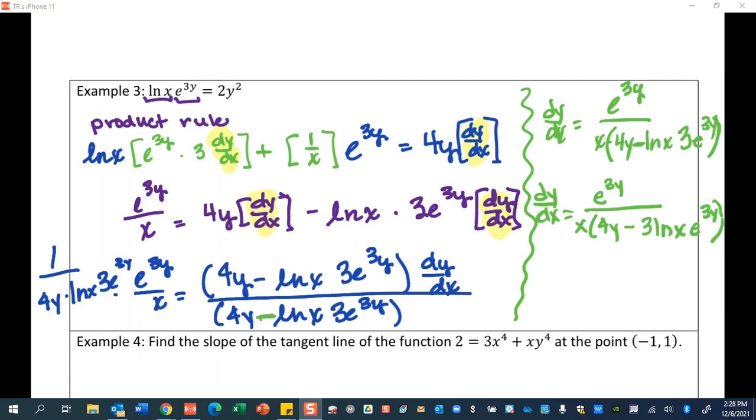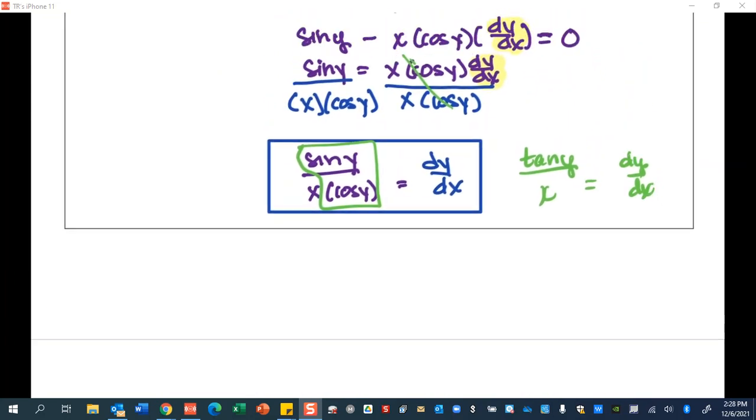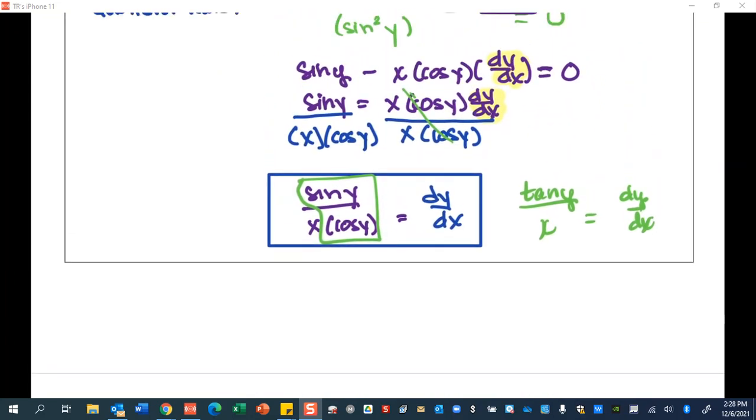One thing I wanted to show you when I looked back at my key that I did before, I simplified sine over cosine as tangent. So I would still accept this answer. But if any of you recognize sine over cosine as tangent, rock on.